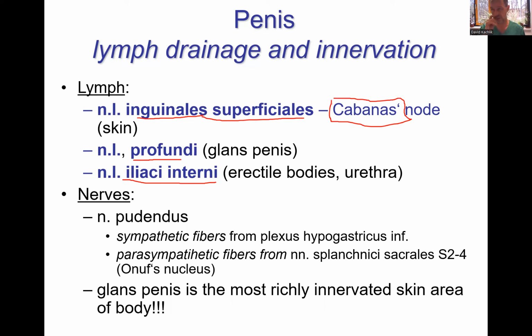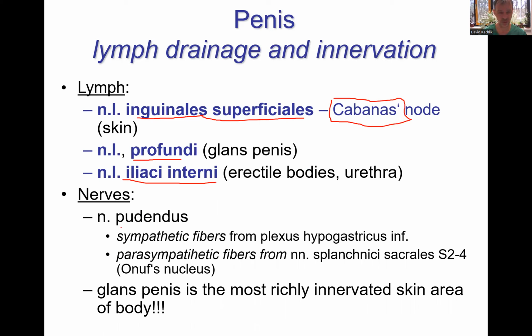So if you palpate an enlarged lymph node in a male superomedially in the groin, it is suspected positive Cabanas lymph node, and there's a suspicion of carcinoma of penis.